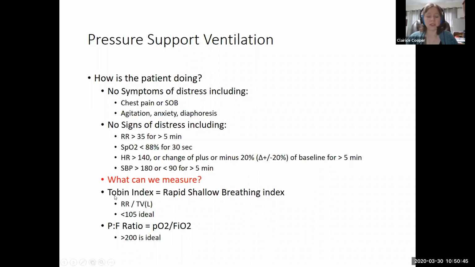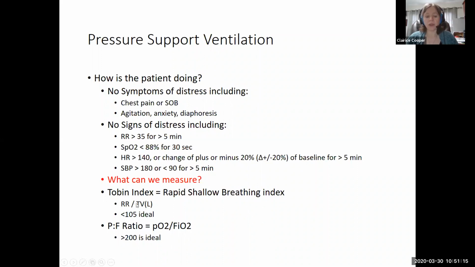One is regarding ventilation. So the Tobin index, or the rapid shallow breathing index, is a measure of ventilation. It's a proportion of the respiratory rate over the tidal volume in liters. And a low Tobin, or RSBI, is optimal, meaning we want the respiratory rate to not be high or tachypneic, and we want the patient to take good large tidal volume.